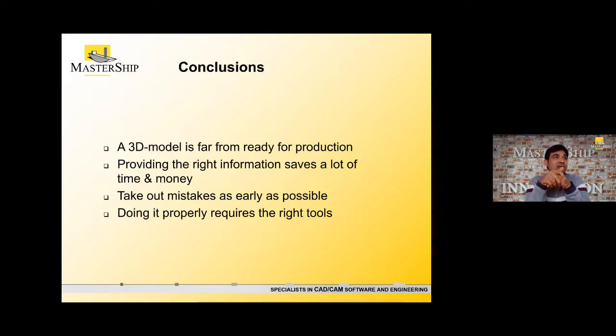A 3D model is far from ready for production, so there are still some things to do. Providing the right information saves a lot of time and money. We have seen that if everything is clear upfront, we can save a lot of time. Take out mistakes as early as possible. That almost covers our 10x rules.